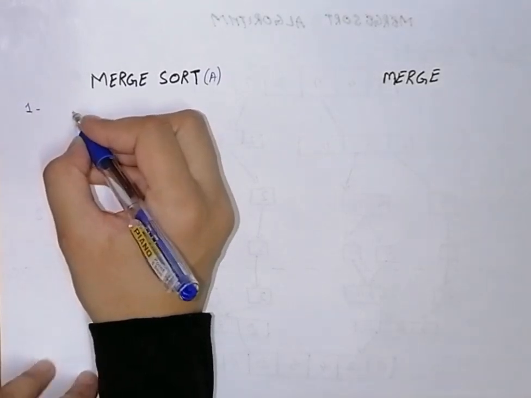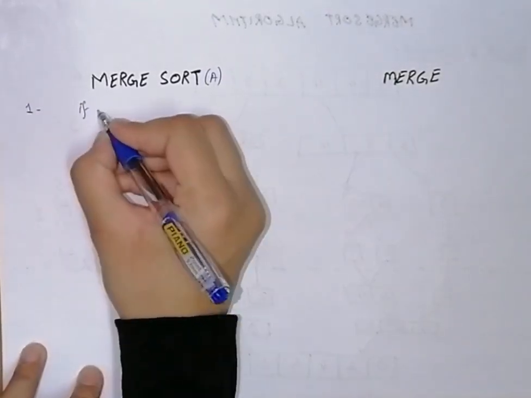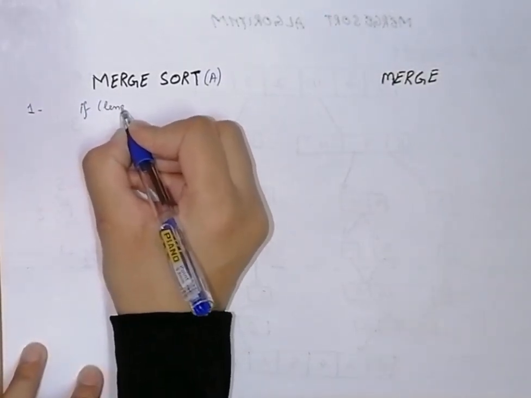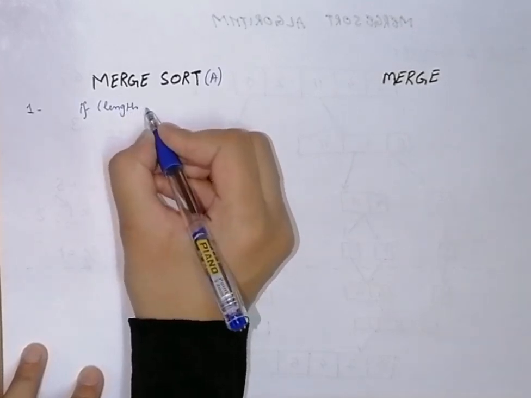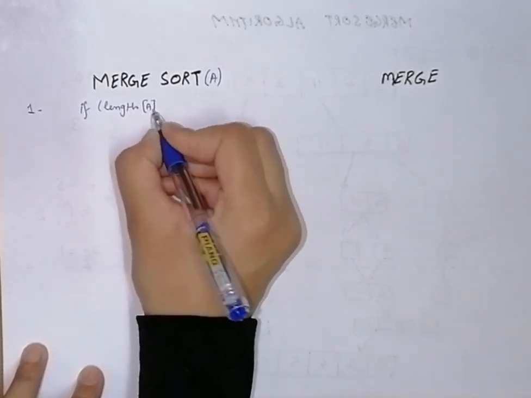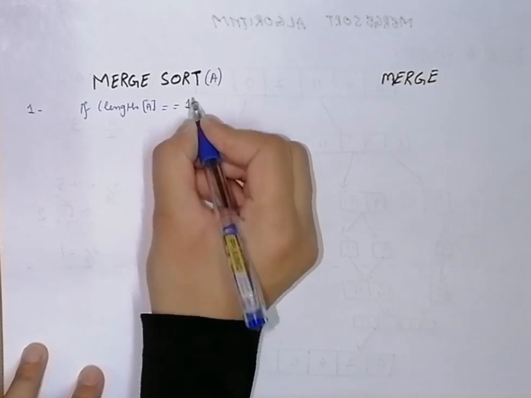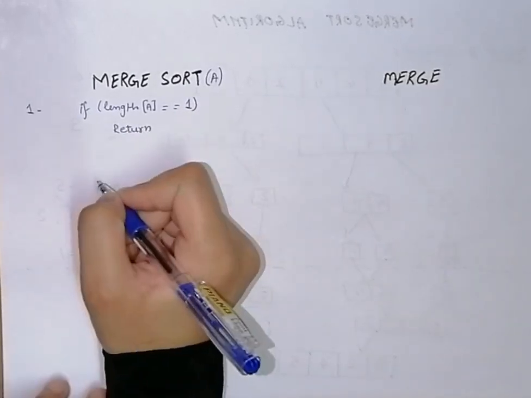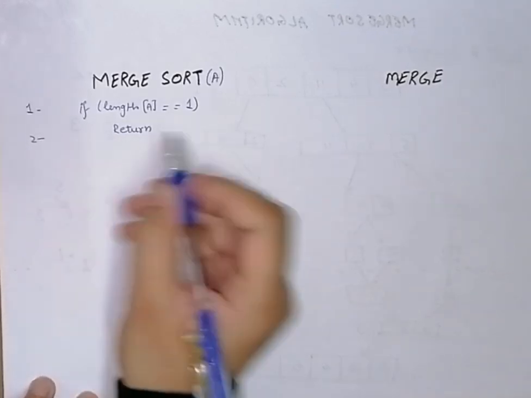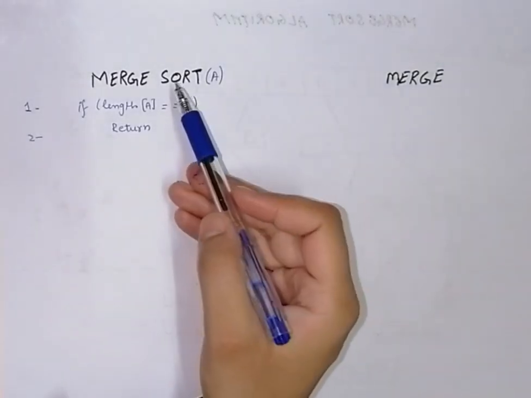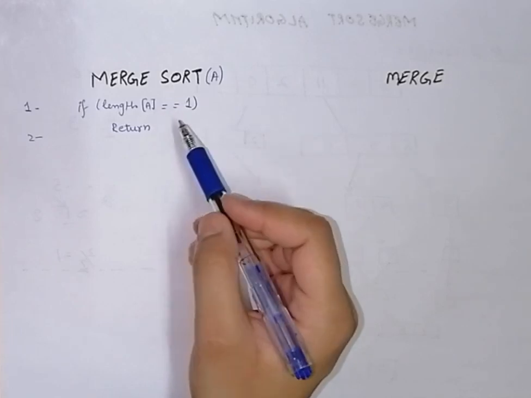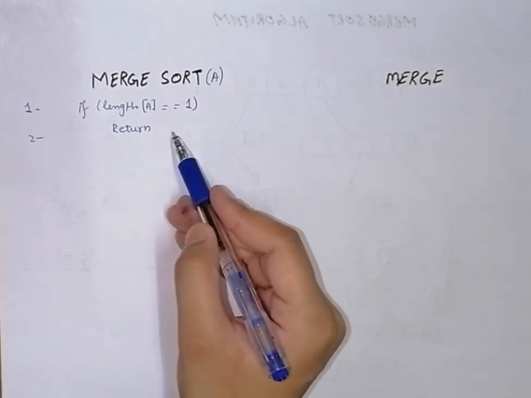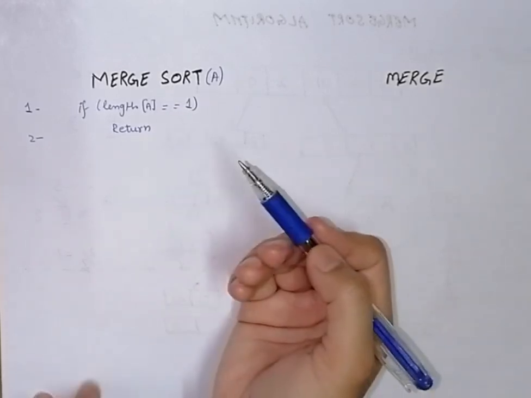So the first comparison would be: if length of array A is equal to 1, then return. This performs the divide part, that is, until we encounter an array of length 1, you keep on performing other operations.